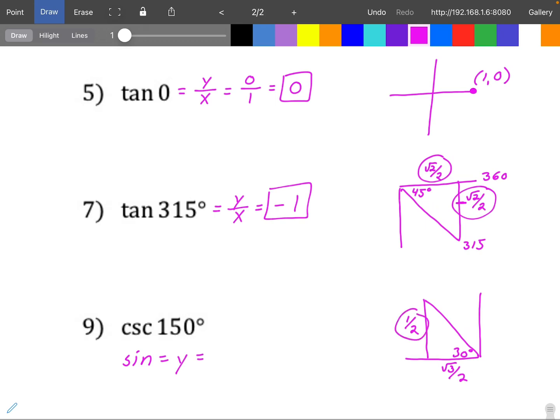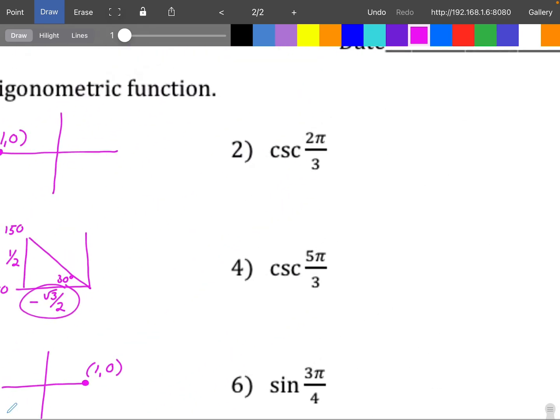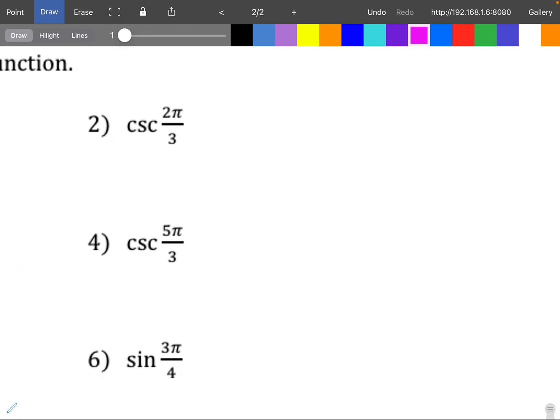So our y value is 1/2, and we want the reciprocal, which would be 2 over 1, or simply 2. And technically, this should have been negative, but that didn't factor into this problem, thankfully, because we were looking at y, not x.